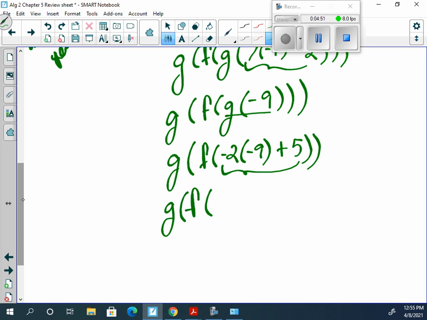Now we just need to simplify this. We can type it into a calculator, or if we do this by hand, negative 2 times negative 9 is going to be positive. 2 times 9 is 18. And 18 plus 5 is 23.